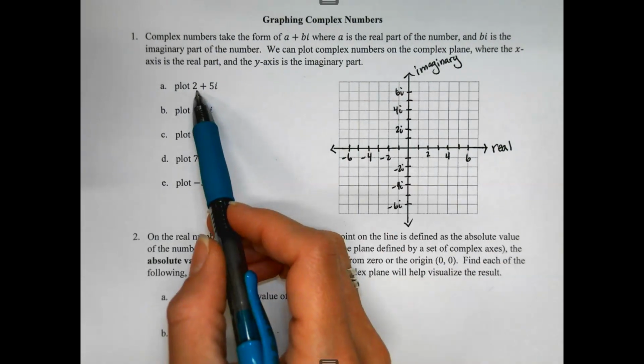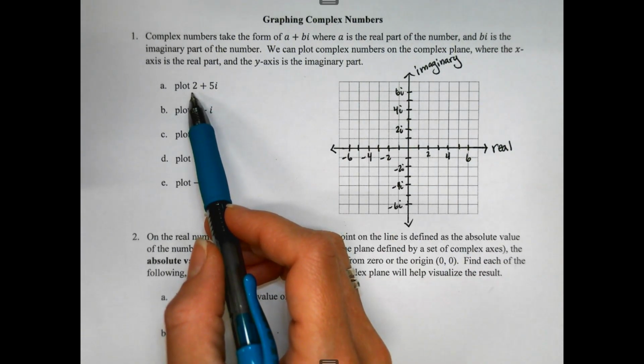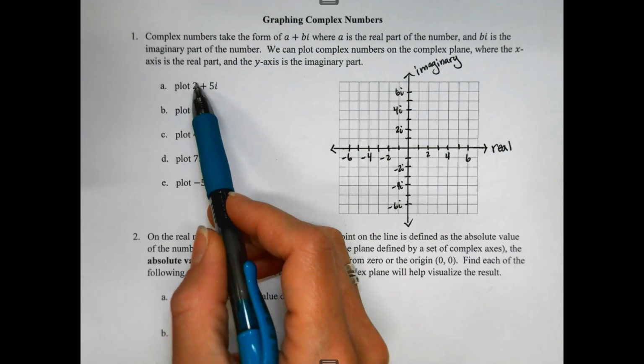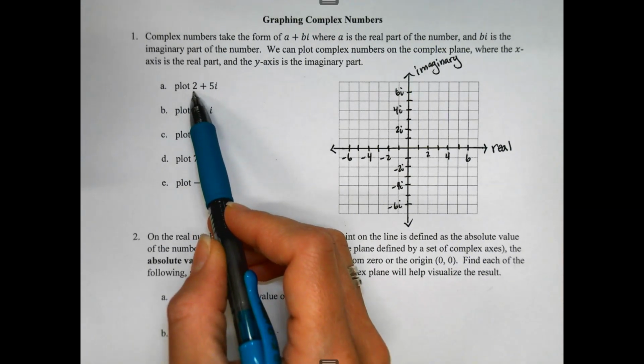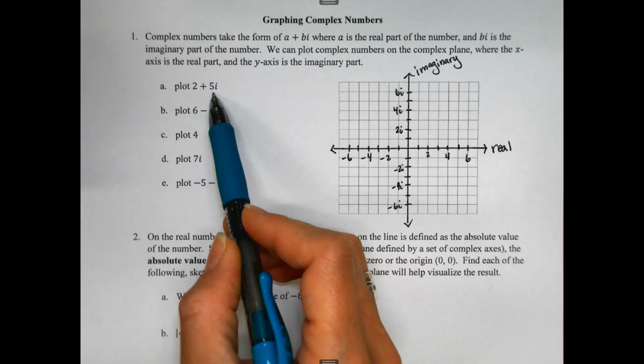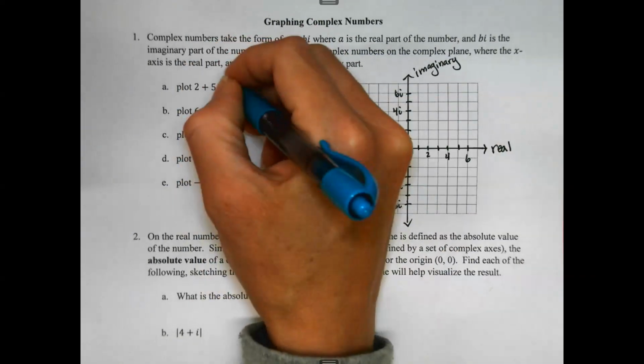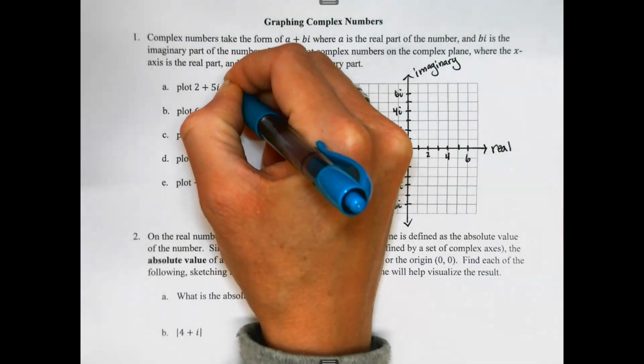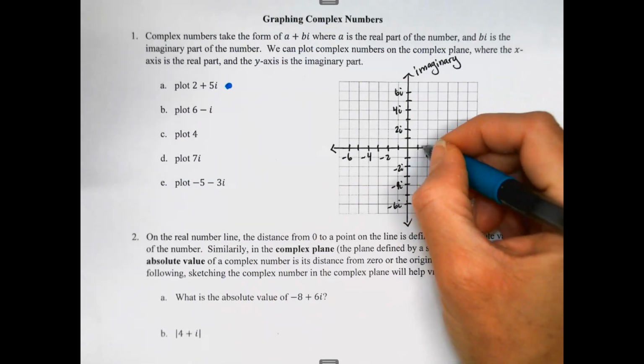And so we just plot this like an ordered pair, where the real part, or the x value, is 2, and the imaginary part, or the y value, would be 5.